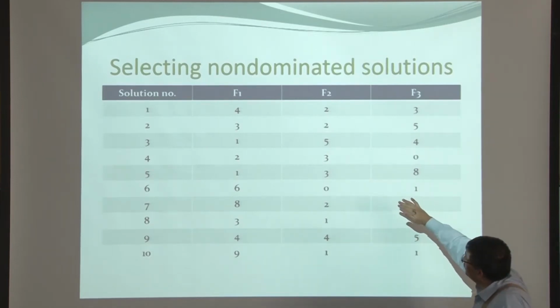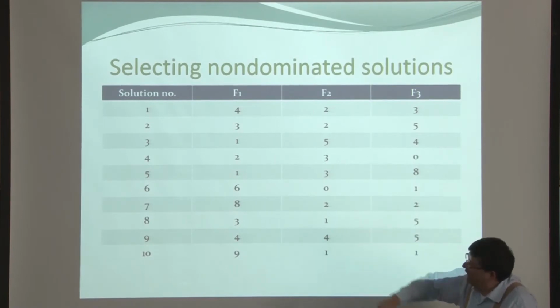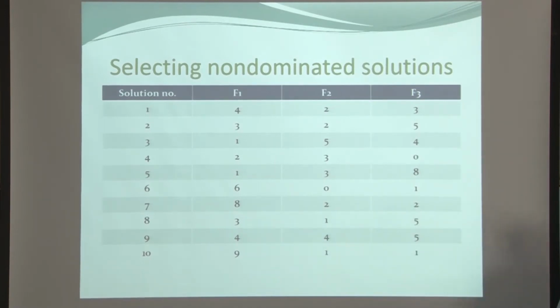So we move to solution 4, and again, we have to compare 1, 2, 3, 5, 6, 7, 8, 10 with respect to 4. So can you compare and tell me, is it dominated or non-dominated? Solution 4. Is anybody dominating solution 4?